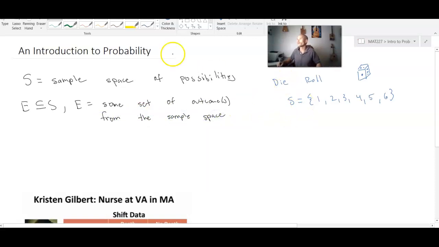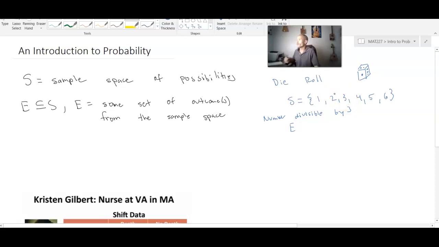So for instance, we might be interested in the event that we roll a number that is divisible by 3. All we mean by divisible by 3 is that if we, for example, take 3 and divide it by 3, we get an integer.